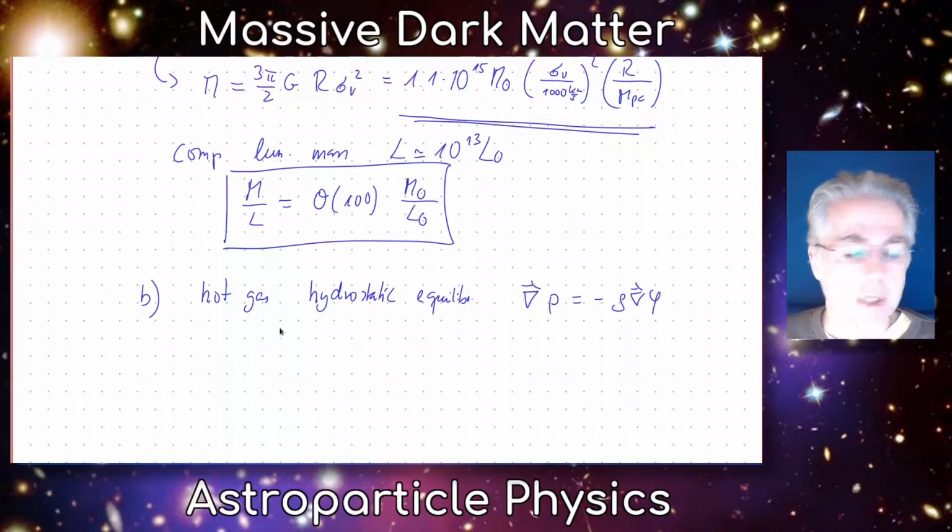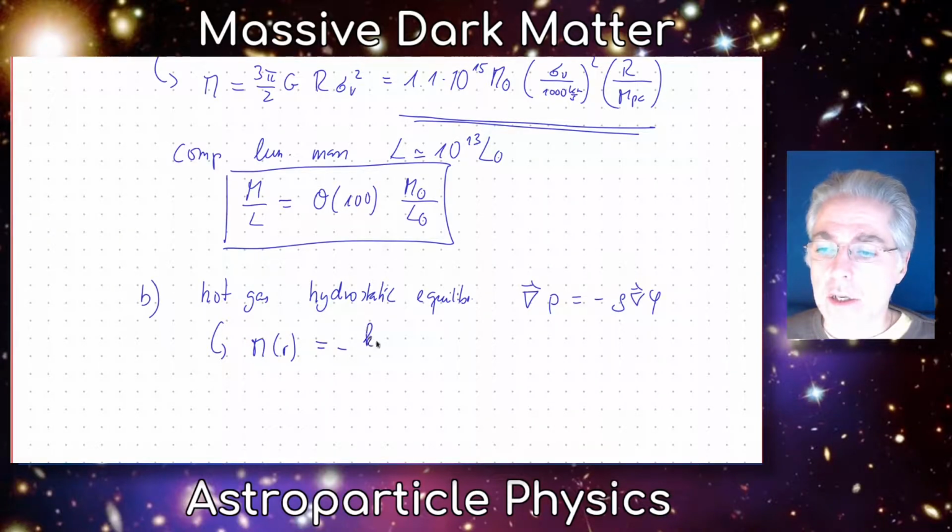And using that, we end up with a mass that we can infer, which is roughly proportional to the temperature. So if you have a temperature factor 2, then the mass is 2 times as big, and this radius squared. And then you've got here something.